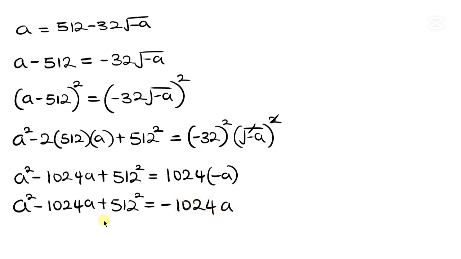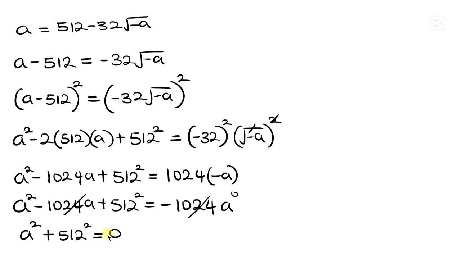Now notice I have negative 1024a on the left. I also have negative 1024a on the right. So they can both cancel off, leaving behind 0 on the right hand side. So we have a squared plus 512 squared to be equal to 0.